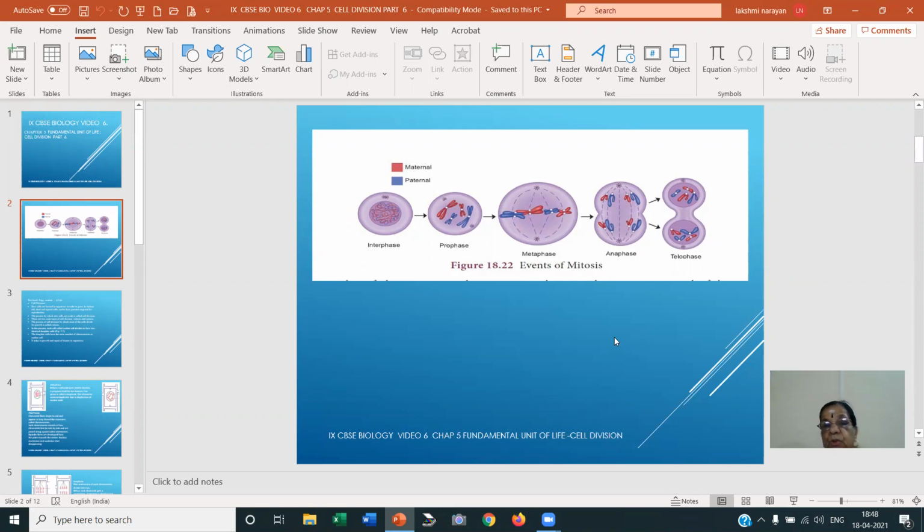I already told you. Mitosis takes place in the somatic cells, or vegetative cells, or body cells, whereas amitosis occurs in lower, unicellular organisms such as amoeba and other protozoans.